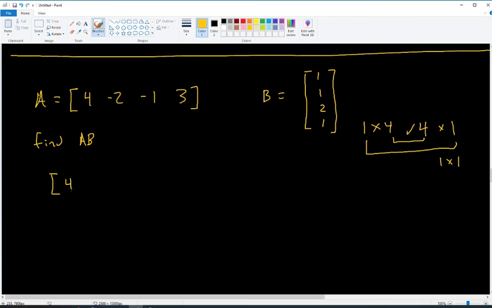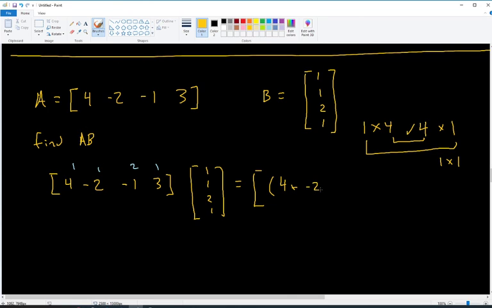So we get 4, negative 2, negative 1, 3. B matrix is 1, 1, 2, 1. So when we tilt B, we get a 1, a 1, a 2, and a 1. This will equal 1 times 4 is 4, plus 1 times negative 2 is negative 2, plus 2 times negative 1 is plus a negative 2, plus 1 times 3 is 3. 4 minus 2 is 2, minus another 2 is 0, plus 3 is 3.